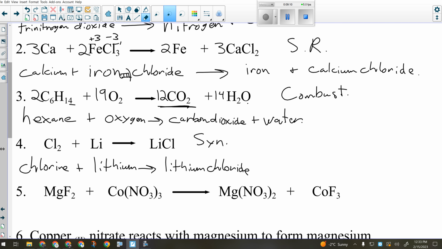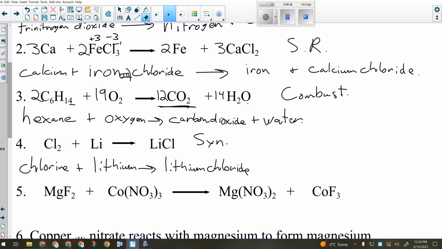If I do this on a test, when we get to predicting the products of a chemical reaction, I only have so many tricks in the bag. You'd be surprised how many people will write Cl Li on that side, because they don't think about it. They forget. It's a synthesis reaction, they just go together, but they make an ionic compound, and I have to write the metal first. That's just me checking if you remember that little detail.